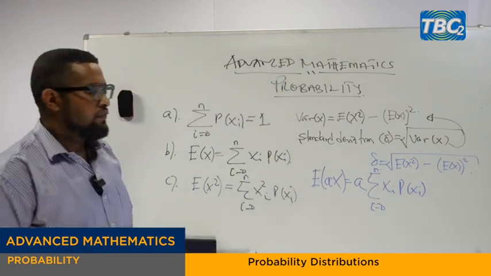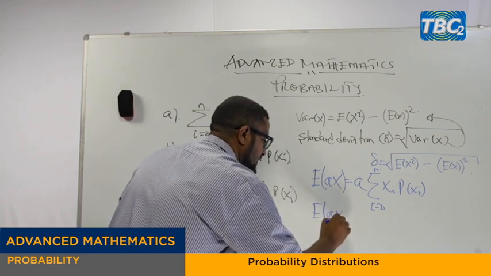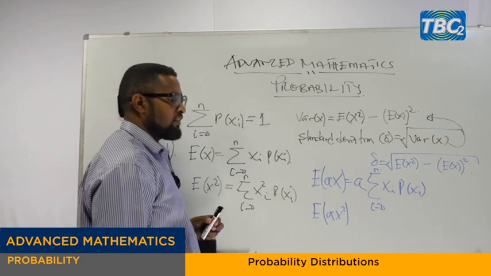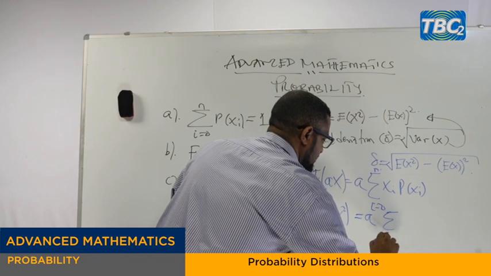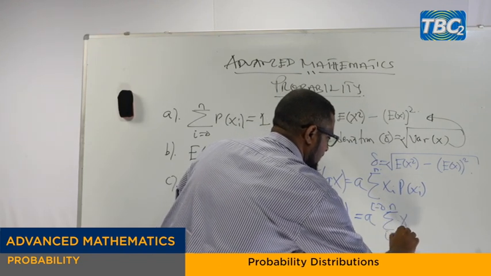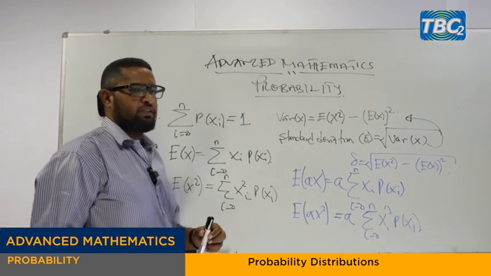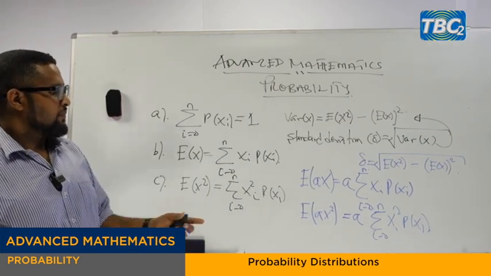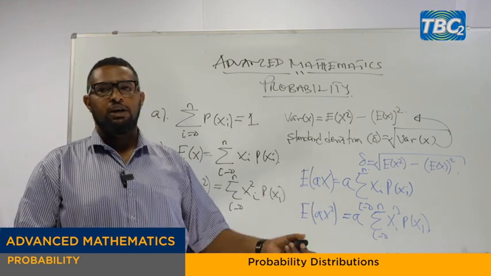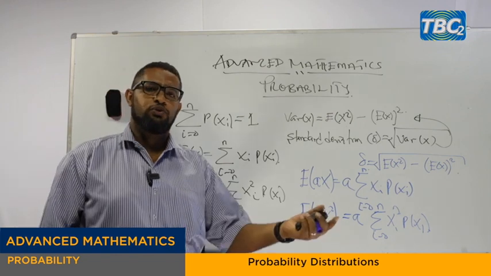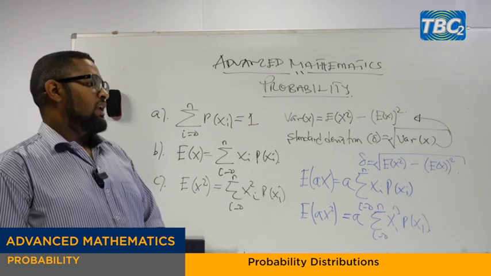The same, if you are given the expectation of a constant a and the square of the variable x, it will be a times the summation to n of x squared p of x. So it is the same. When I say a, it can be any number, 1, 2, 3. So a is just a constant number.